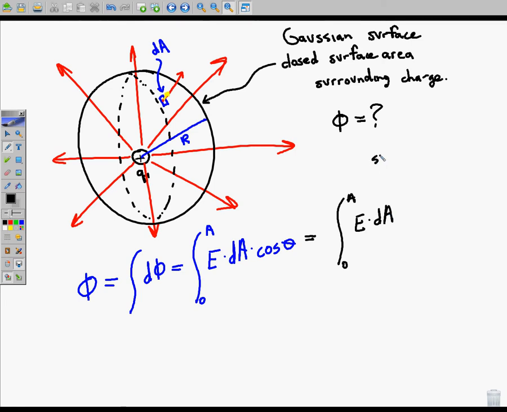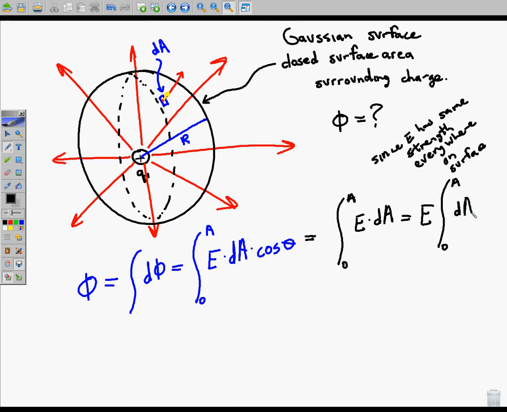So since E has the same strength everywhere on this Gaussian surface, we could pull that out and say it's going to be E times the integral from 0 to a of dA.